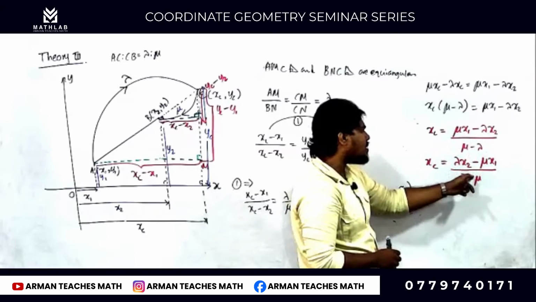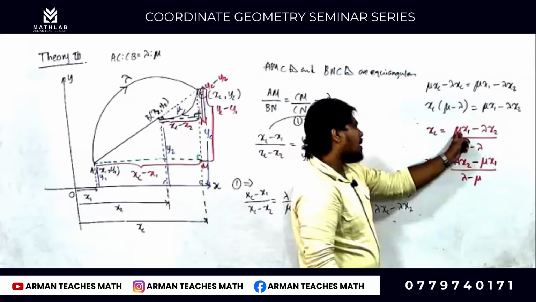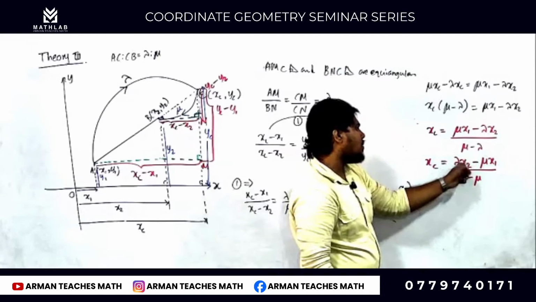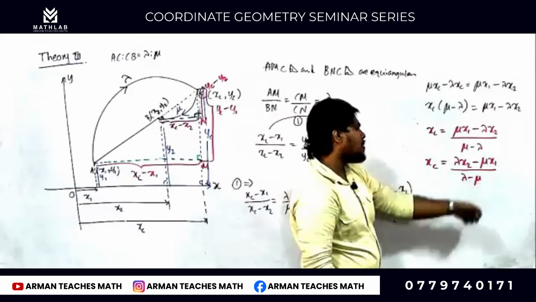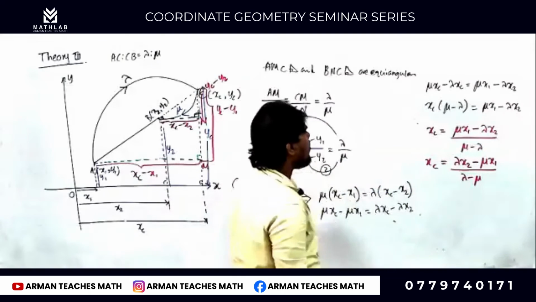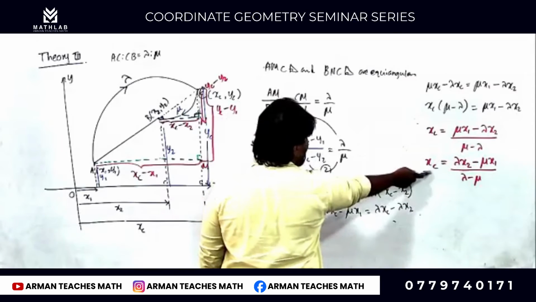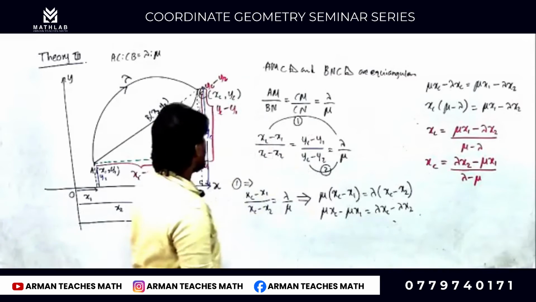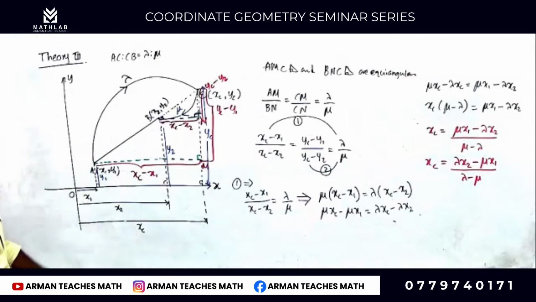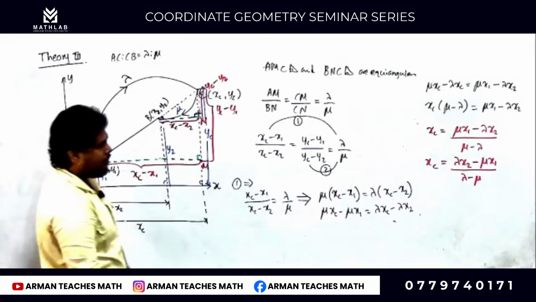The terms are changing their signs: plus mu x1 becomes minus mu x1, minus lambda x2 becomes plus lambda x2, and mu minus lambda becomes lambda minus mu. I'm just taking a minus sign from both numerator and denominator, developing the pattern. Finish it. Try to find yc as well.